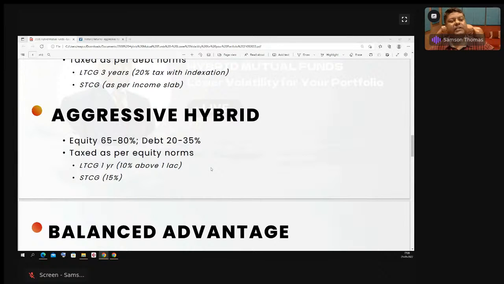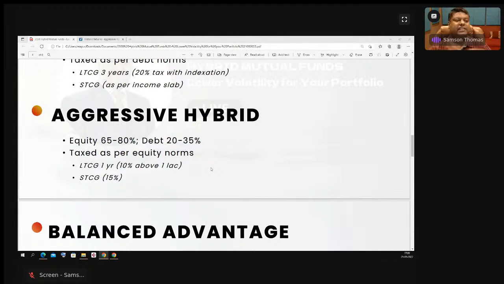Okay, conservative hybrid. Now this is the aggressive hybrid. So in this, the equity portion is much more. It is 65 to 80%. So out of 100 rupees, you have 65 to 80 rupees allocated to equity, and the debt is only 20 to 35%. So the debt portion will cushion your volatility to a certain extent, to a minimum extent, and 65 to 80% is still allocated towards equity.